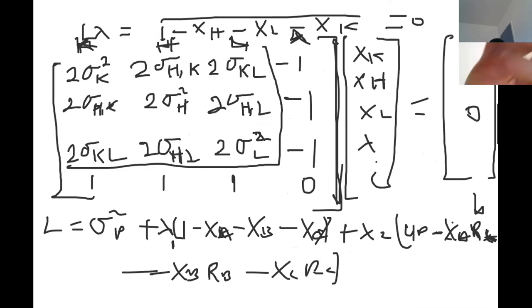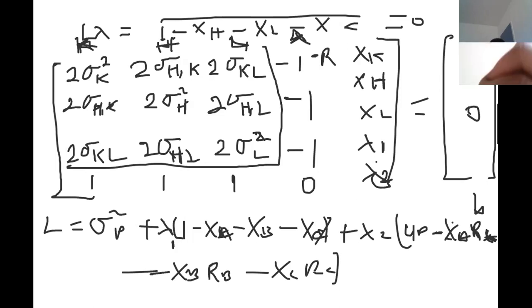Then I would have gotten something like minus return on H, because I differentiate with respect to H. This one minus return on K, minus return on H, minus return on L, and this one will be 0.